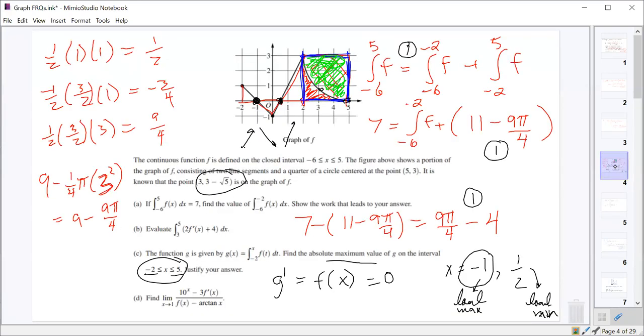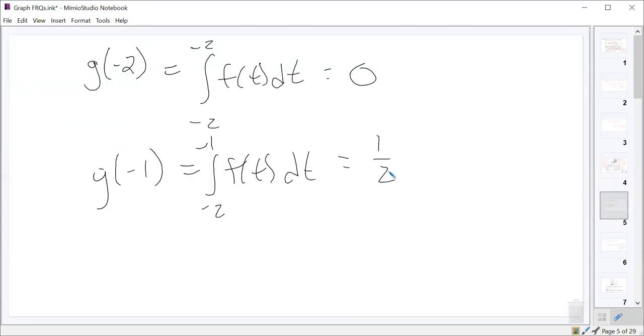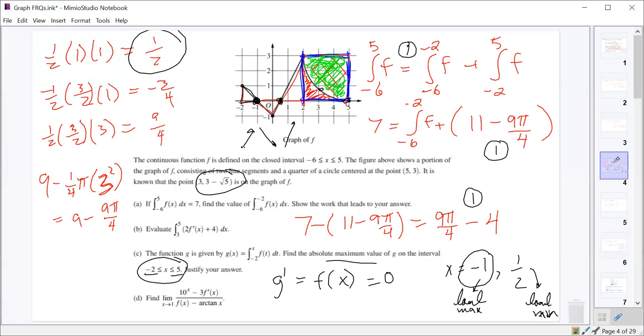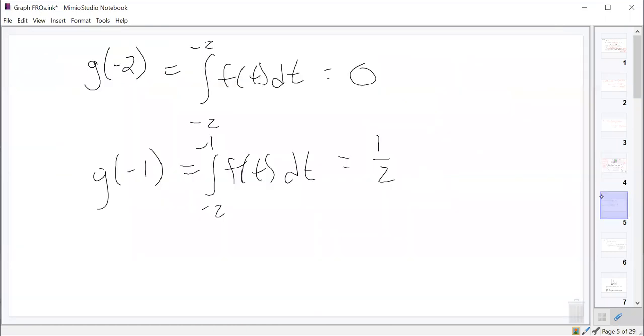It was just this triangle. It was 1/2. We found that early. If we wanted to, we could go back and figure out the value at 1/2. That'd be 1/2, and then the -3/4 would be -1/4. But we would see that that was clearly less than 0 and less than 1/2.